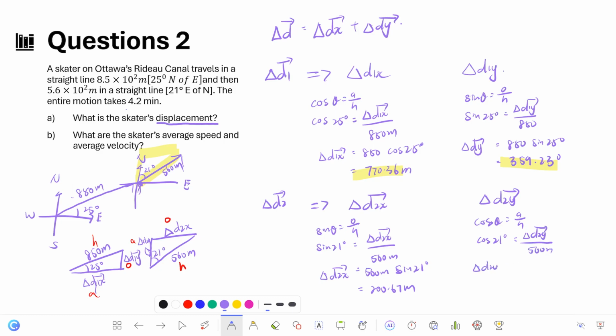So d2y is equal to 560 meters cos 21 degrees, and the answer should be 522.81 meters. So now we have the answers for all the measurements for component x and component y.